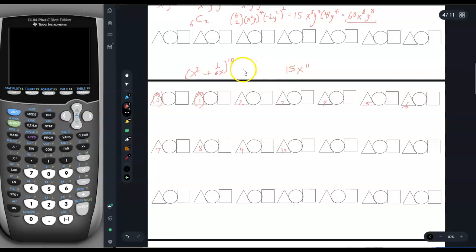And then I'm not going to fully develop all of these because it's probably somewhere in the middle. But now I'm going to put in the x squared part of this one and the x part of this one. I'm going to ignore the a for now because it's not really important to find which term gives me x to the 11th, because a doesn't contribute to x to the 11th. So I'm going to put x squared for all of them.